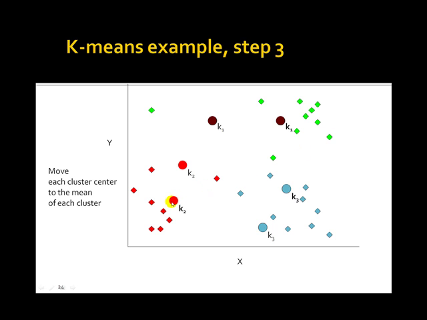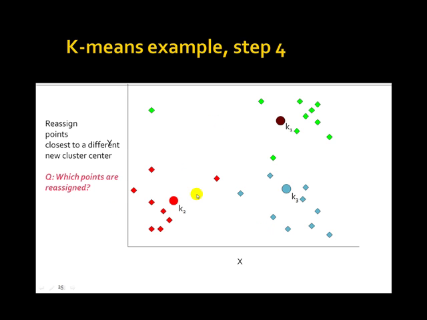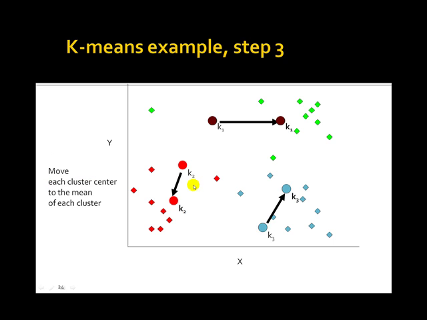So this is the center of the red ones, this is the center of the green ones, and this is the center of the blue ones. So move each cluster center to the mean of each cluster. And we're using the mean. Move each cluster center to the mean of each cluster like that.